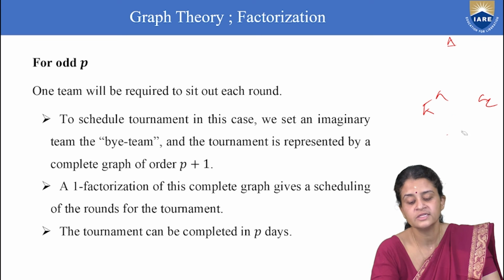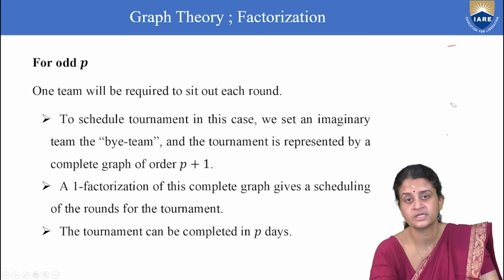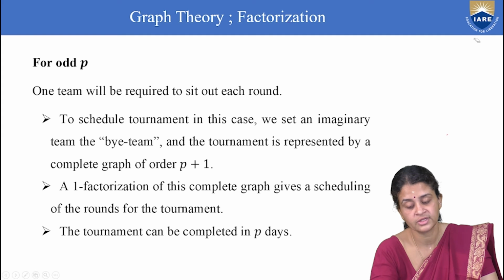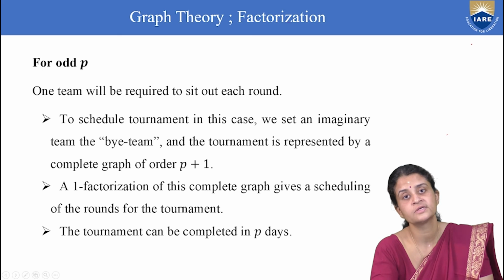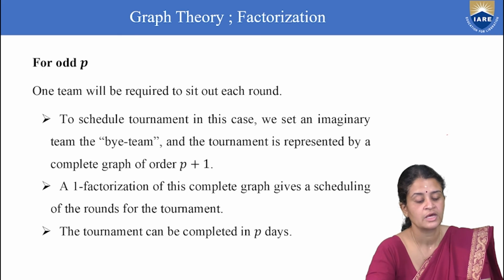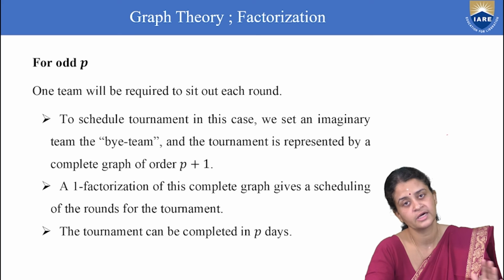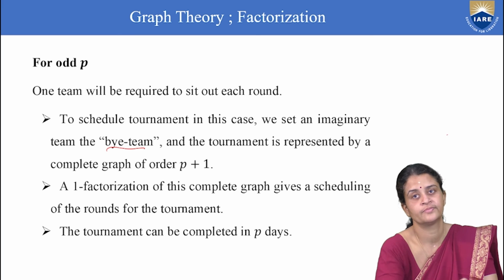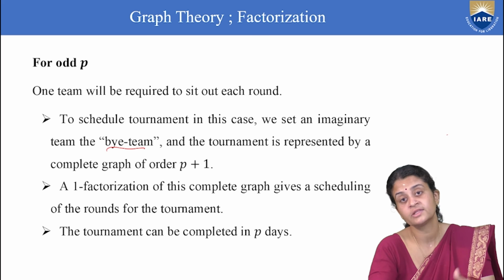In this case, we put in an imaginary team, the same thing that we have done with an even number of teams. When there is an odd number of teams, we give an imaginary team, and in terms of gaming it is usually called a bye team.